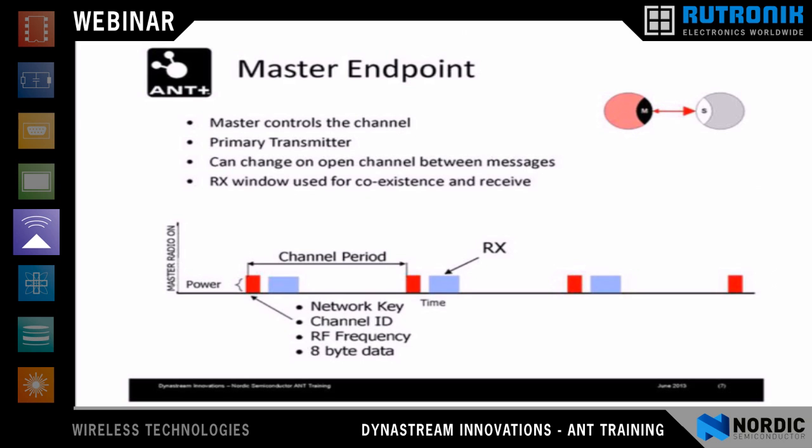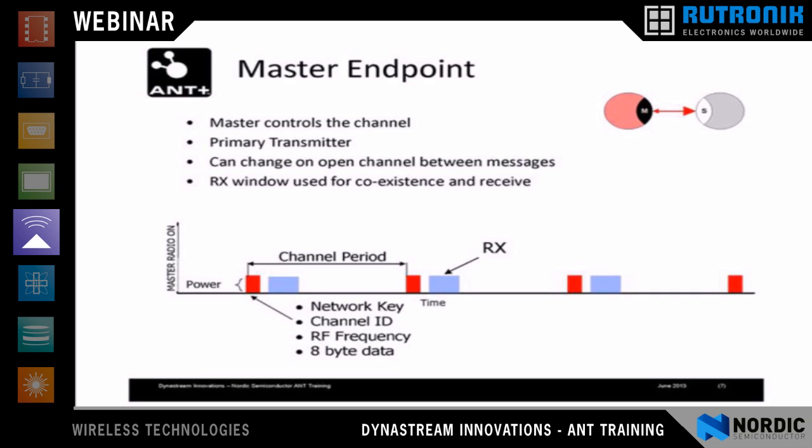You define each of the transmissions with a network key, a channel ID. You choose an RF frequency that makes sense for your environment, and then you attach 8 bytes of data. You can see the blue node that's on there. That is a receive window that's opened automatically upon a transmission. That allows coexistence to be managed by ANT.